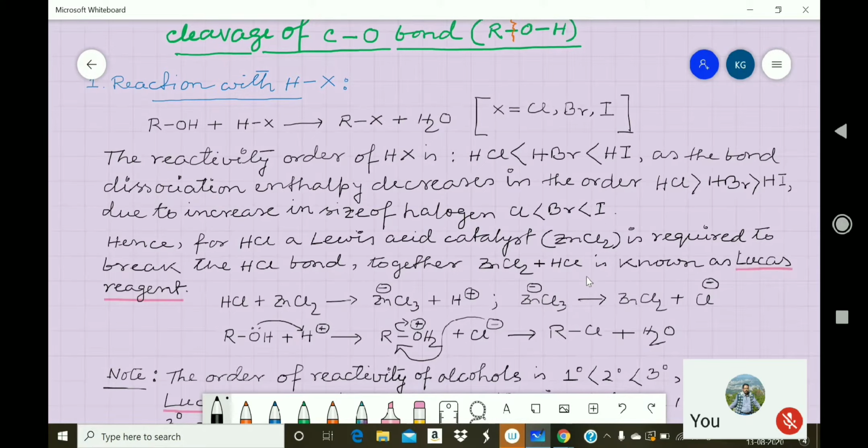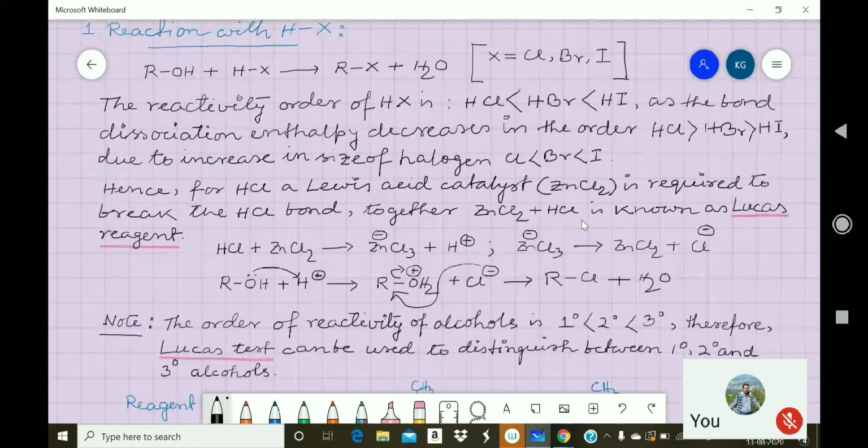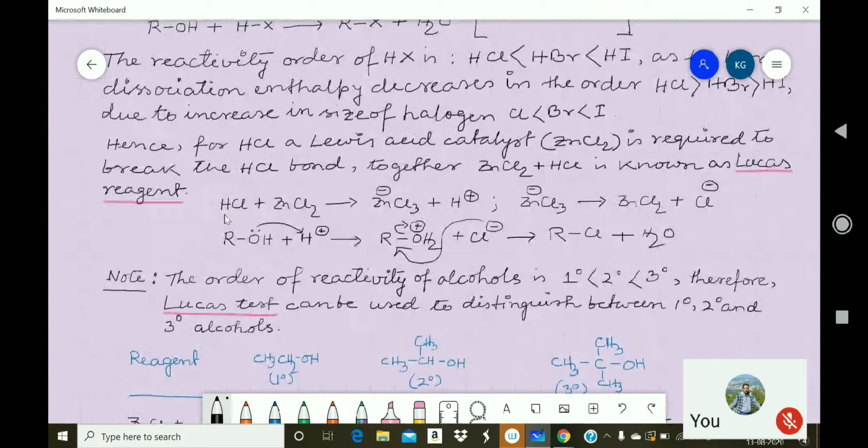Here, ZnCl2 acts as a Lewis acid catalyst to break the bond between hydrogen and chlorine to form the nucleophile Cl minus. ZnCl2 with HCl accepts electrons from chlorine, forming ZnCl3 minus, which breaks down to form ZnCl2 and Cl minus. This Cl minus acts as the nucleophile.